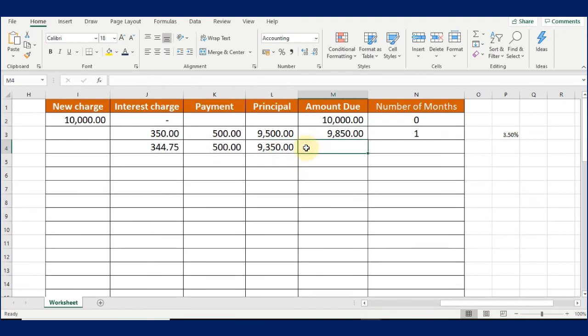But your amount due for this period is the principal plus the interest. Is that clear? Or if you want, since you're using Excel, I just show this row here so that you understand what's happening. You can now just bring this down.